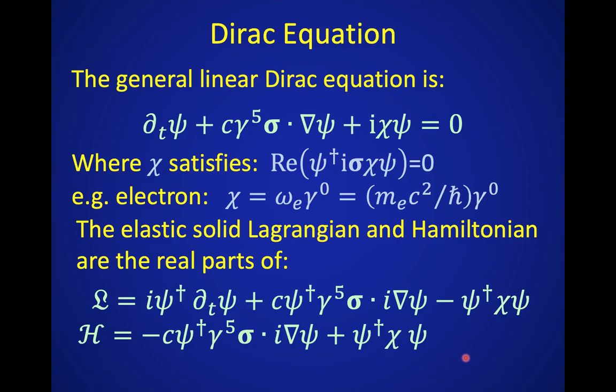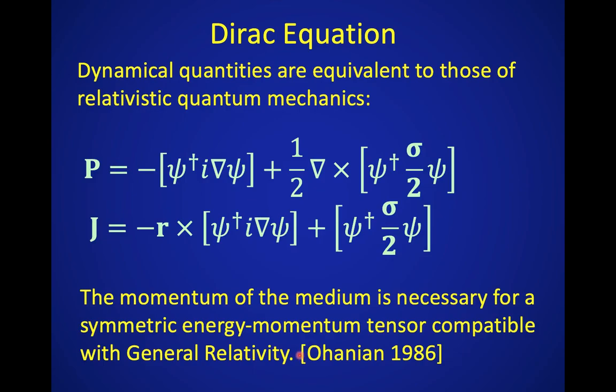And then we can take those and compute the wave momentum and the wave angular momentum from the Lagrangian. And then if we add the intrinsic angular momentum and momentum, we would have these two expressions.